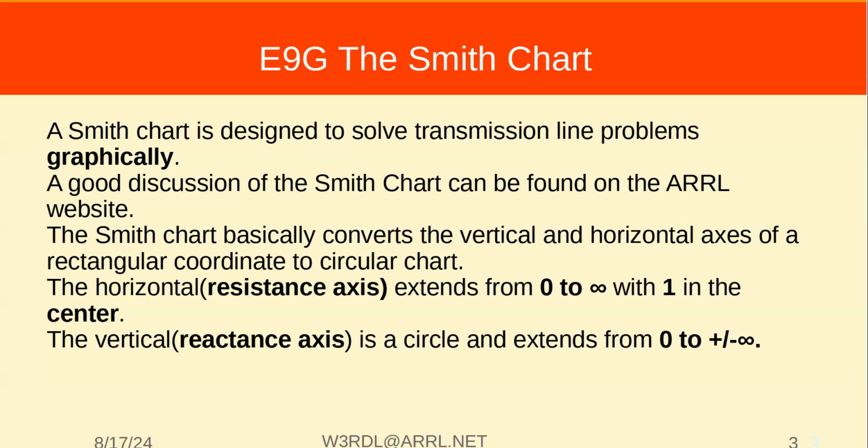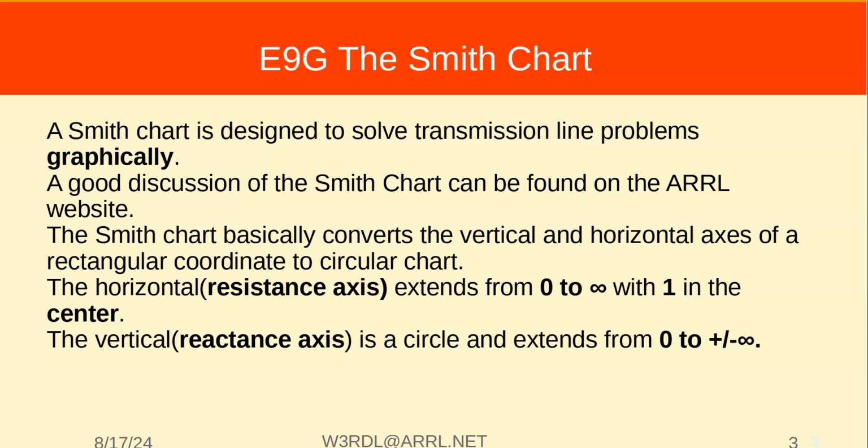You plot what your load is, and then you figure out, based on that, and you have to do it graphically with lines, how long the stub needs to be and where to put it. Those things are, once you learn how to use it, fairly easy.